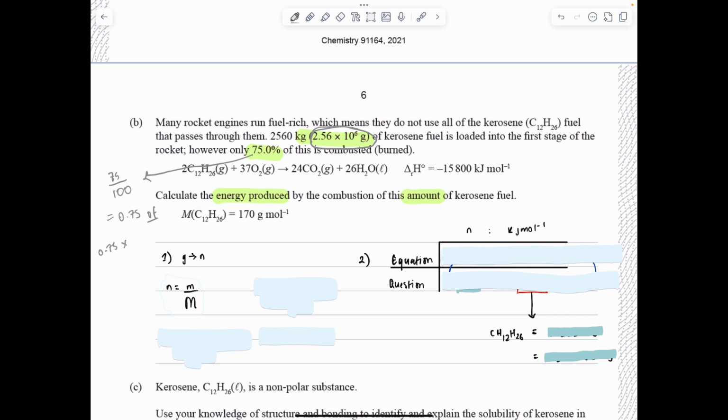The equivalent of the word of is times, fun maths fact, of 2.56 times 10 to the power of 6, and that's how we figure out how much fuel is actually used.